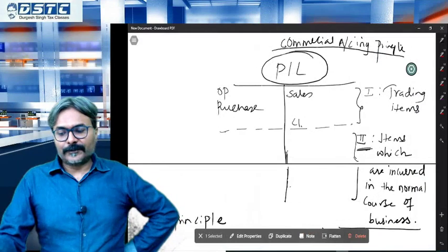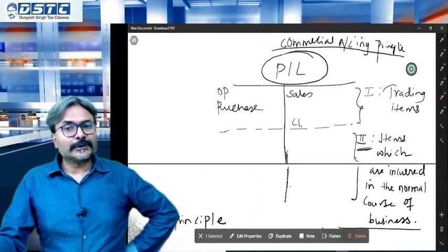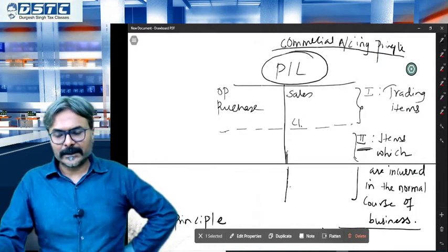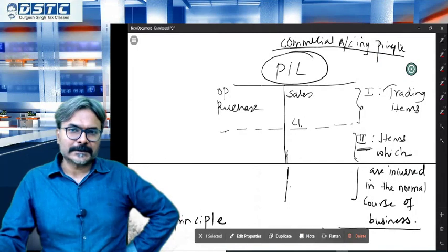This is items which are incurred in the normal course of business.